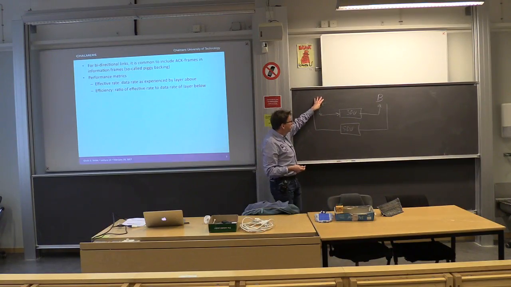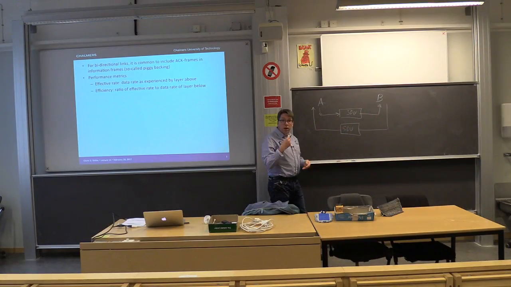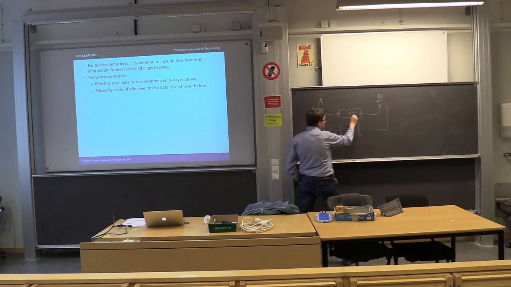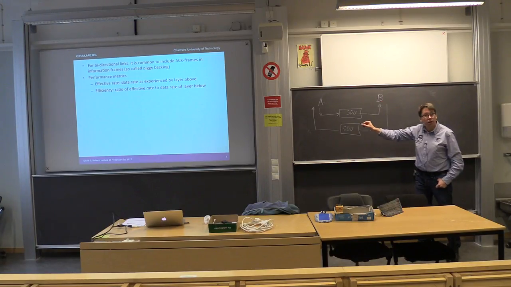Service data units go from A to B, and service data units go from B to A. And in the retransmission protocols, we also have control frames, acknowledgements, going in the opposite direction, right? So if this service data unit comes up here and is successfully received, then we should send an acknowledgement to that in the other direction.